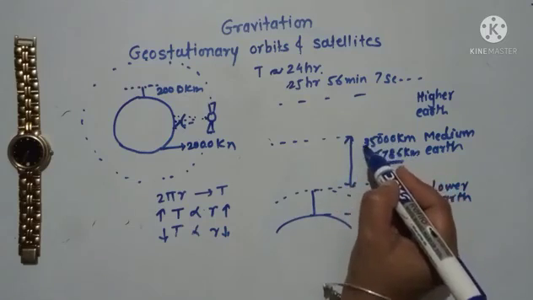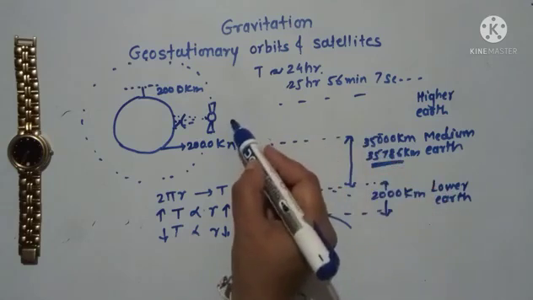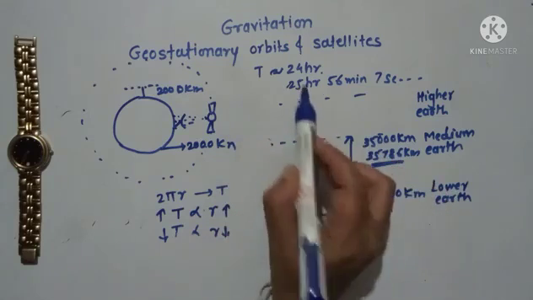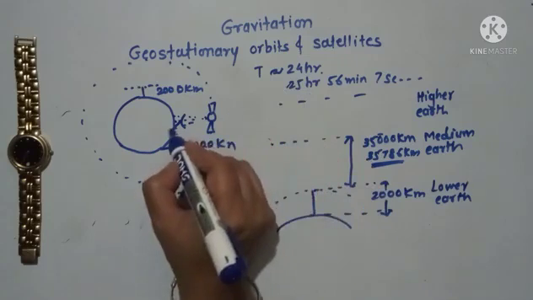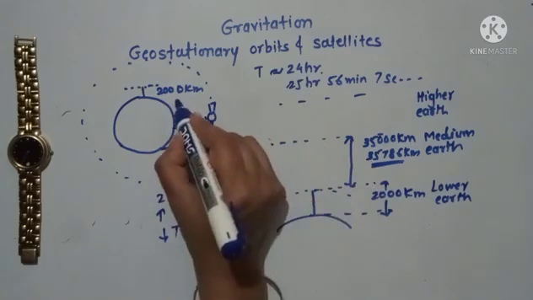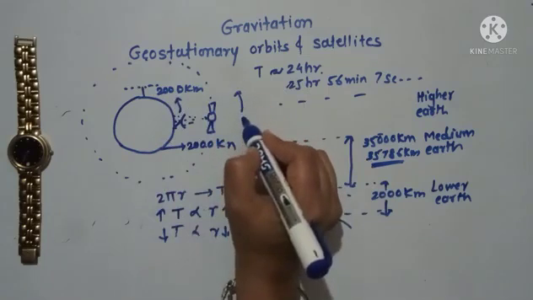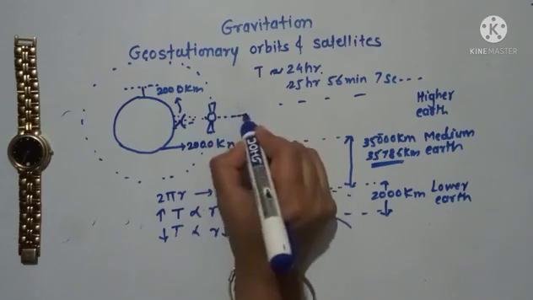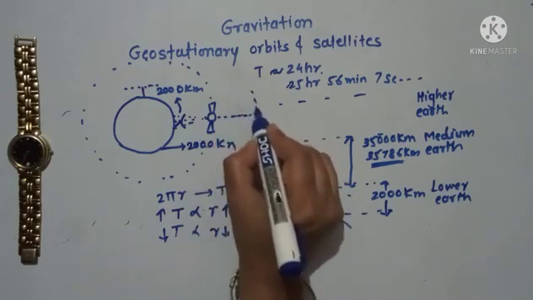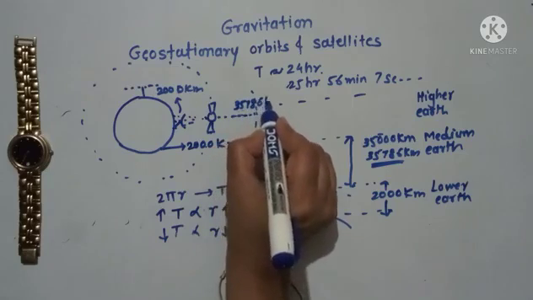So what happens at this particular height? At this height, the period of revolution of the satellite becomes exactly equal to 24 hours. That's why when the earth is rotating, the satellite rotates with the same speed, or the same time period of revolution. Suppose this is the height of 35,786 kilometers.